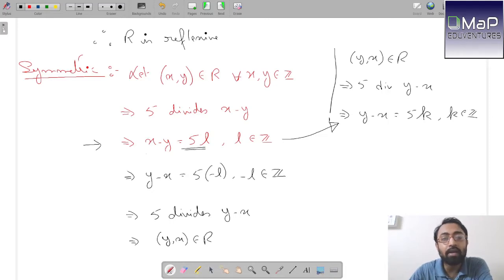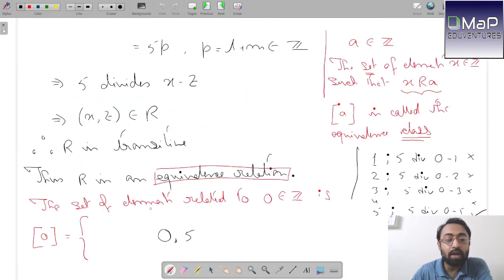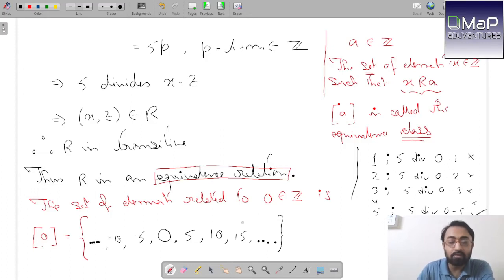So directly we can take all the multiples of 5. They will be 0, 5, 10, 15, and backward if you come, you will get minus 5, minus 10, minus 15, all those numbers. Okay, so this will make our part somewhat easy.